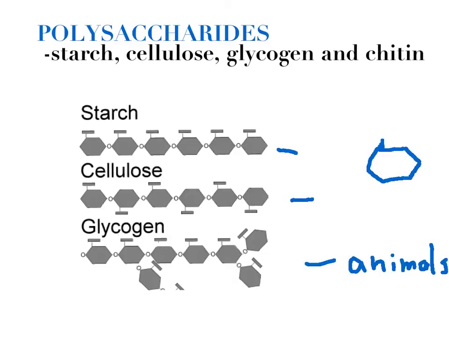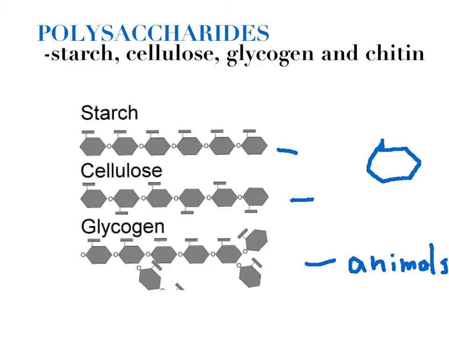Chitin. Chitin is a polysaccharide found in the exoskeletons of insects and crustaceans, and that's why I had a picture of a crab, because it's a crustacean. That really hard, tough, rigid exoskeleton of those kinds of organisms is primarily made up of this polysaccharide called chitin. It's similar to cellulose, and it folds itself up and creates this sort of mesh-like structure that's very, very rigid.